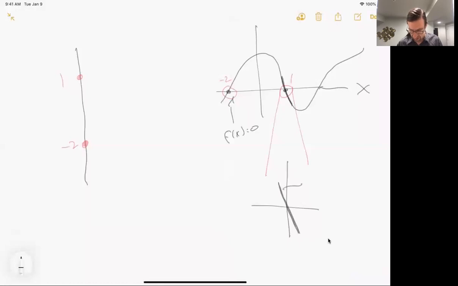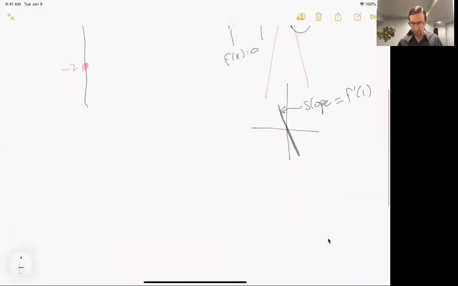And the slope of that line is exactly the derivative at that point, meaning it's f'(1). Now this is going to be the graph of the equation dx/dt equals f'(1) times x. This is just some number, and that number represents the slope of this graph.